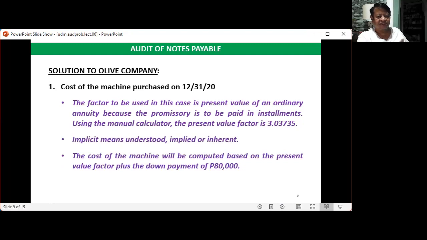So the cost of the machine will be computed based on the present value factor plus the down payment of 80,000 pesos. In the computation, the installment payment will be multiplied by the present value factor, and then we will add the down payment of 80,000 pesos to arrive at the cost of the machine.